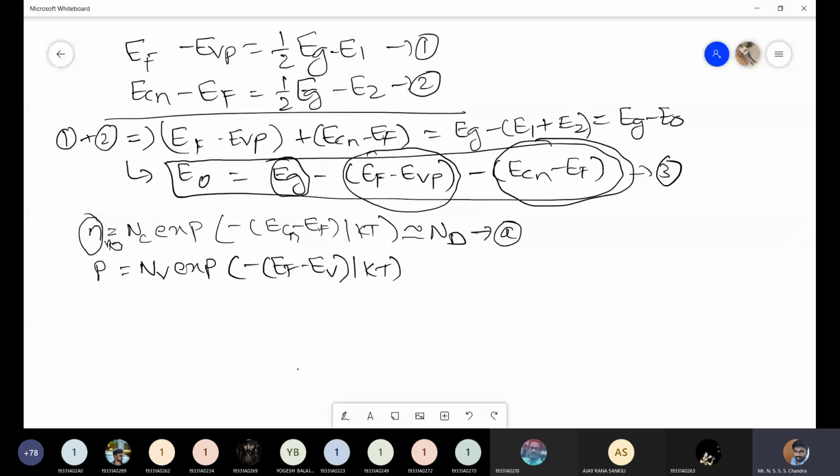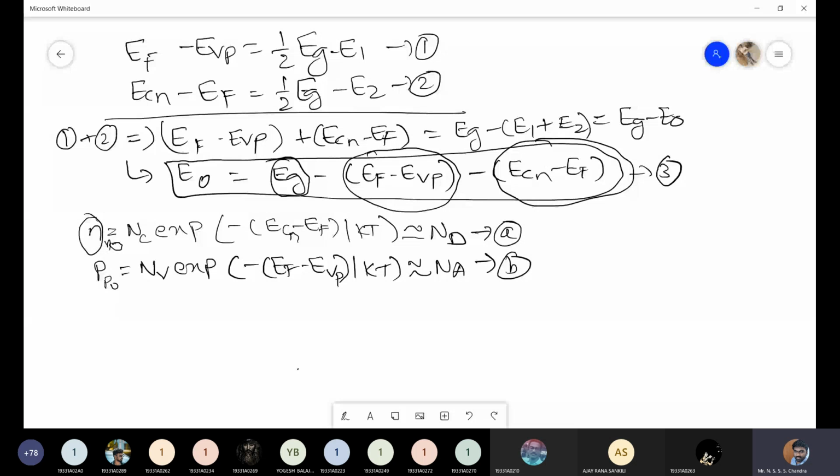If I go for a p-type semiconductor, I will write it as p_p0 equal to NV, instead of this valence band I will be writing EVP, and this value will be nearly equal to acceptor ion concentration, and I'll call it equation B.